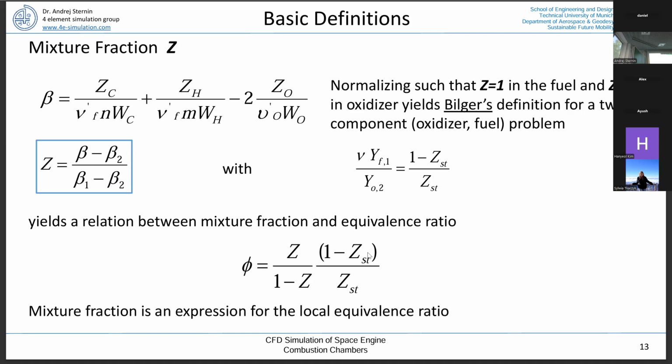And since we offer a fuel rich mixture, typically we are smaller than the stoichiometric mix. So we can relate the mixture fraction to the equivalence ratio. This is something important for the aero engine combustion process. The rocket engine, as I said, we don't do that.